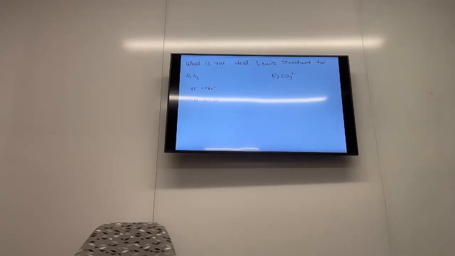How many electrons did we use here? Yep, we used 4 electrons. Then we have 14 left. Where are those going to go? We're going to go on the outside oxygens, right? So we're going to put those like that.